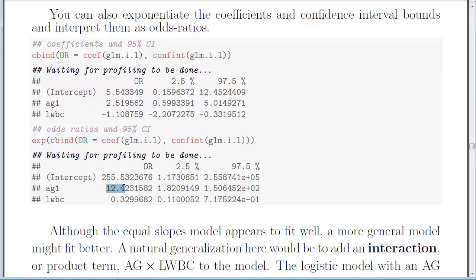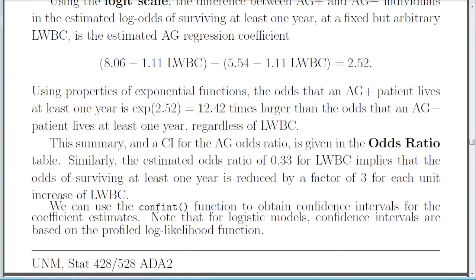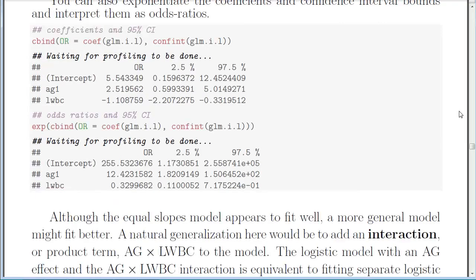So the 12.4, which if I scroll up for a moment, we interpreted here, 12.4, that you're 12.4 times more likely to survive if you're AG positive versus negative. Page back down. That is this quantity here. Furthermore, we can interpret this quantity.